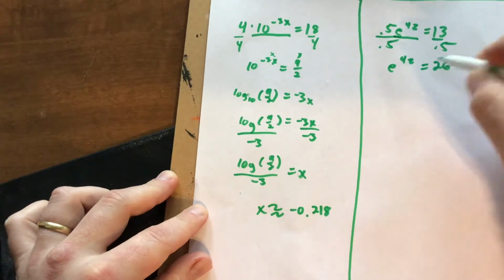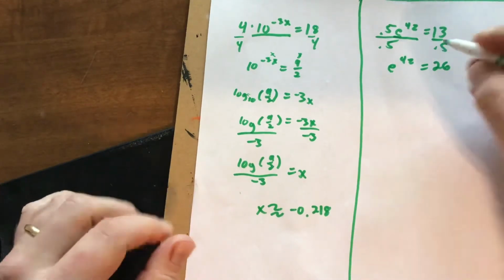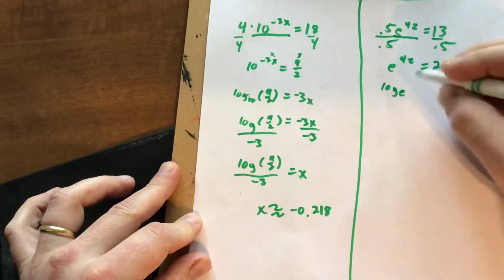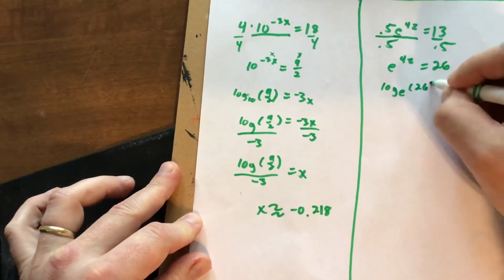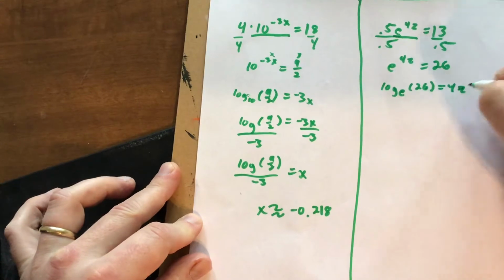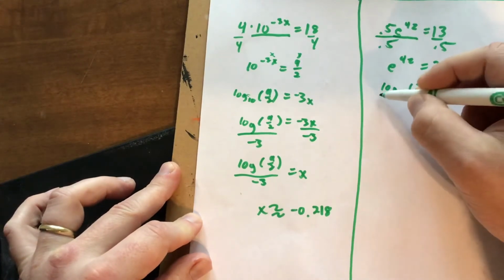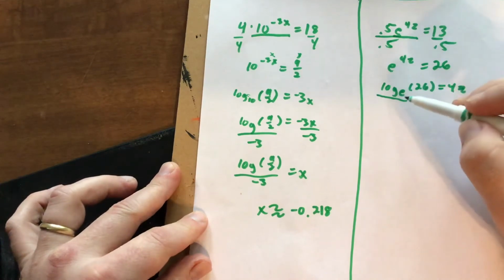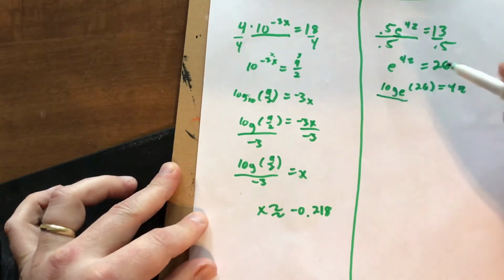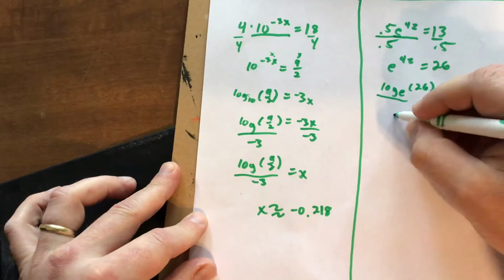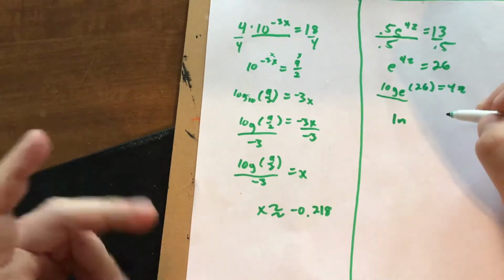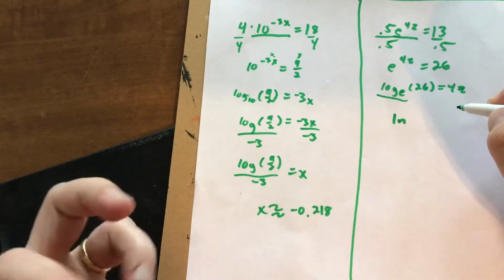Now again we'll use our logarithm rule here. So I've got log base e of 26 equals 4z. This time we normally don't write this. You almost never see this. We actually use something called the natural log. Anytime you have a log base e, we use this. You'll see it a lot more in pre-calculus next year. It has a lot to do with continuous growth.